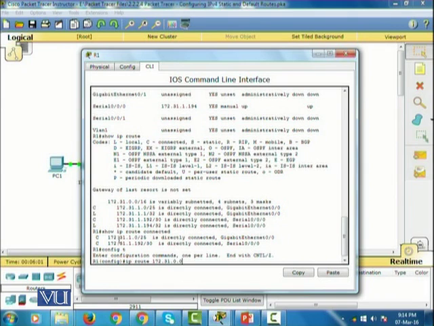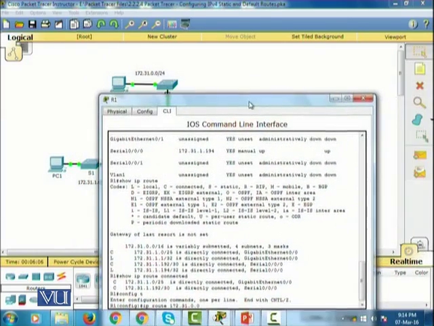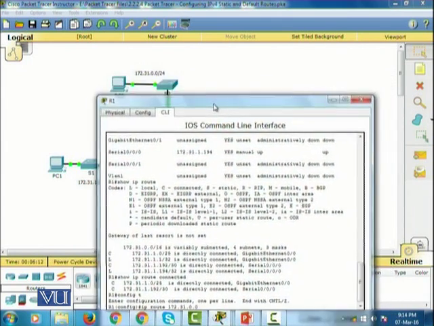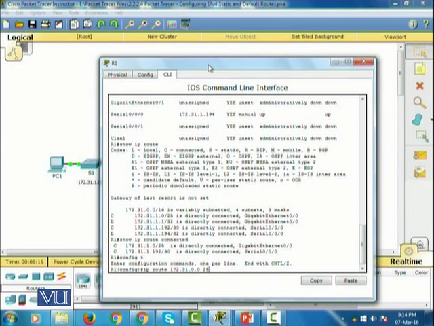172.31.0.0. So what is it? This is the destination network address, 172.31.0.0. You see the cursor on the screen? This is the destination network address. And what is the mask? It is /24, so it's gonna be 255.255.255.0.